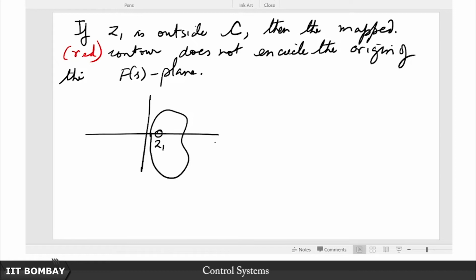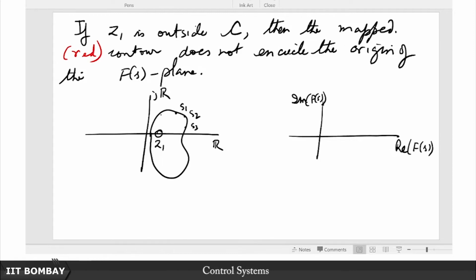So this is my Argand plane again, and let me see what the mapping will look like in the Fs plane. Again let me choose these points S1, S2, S3 like this.